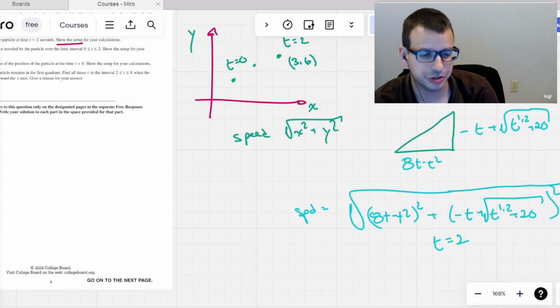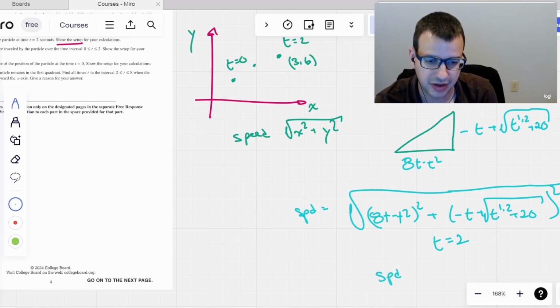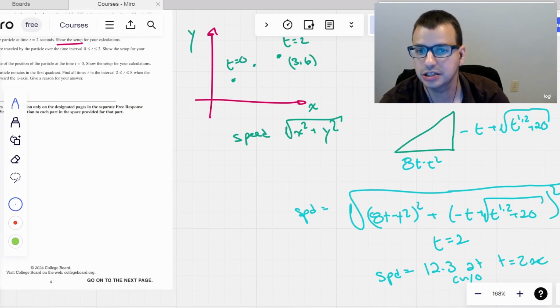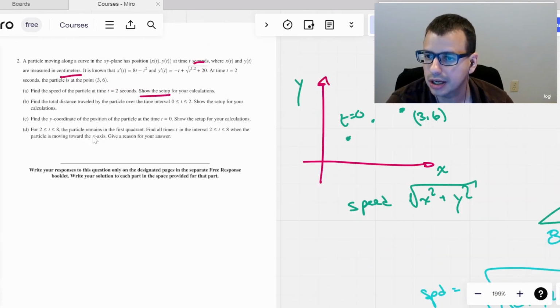There we go. And we get a result for the speed of 12.3 at t equals 2 seconds. And I should put units on this, so this is centimeters per second. All right, got that, not too bad.